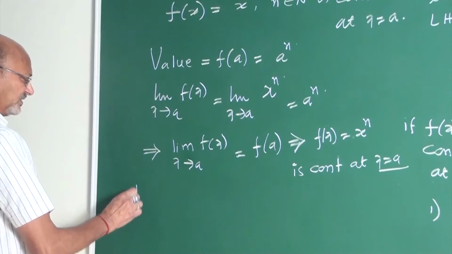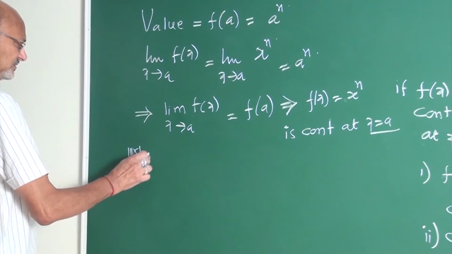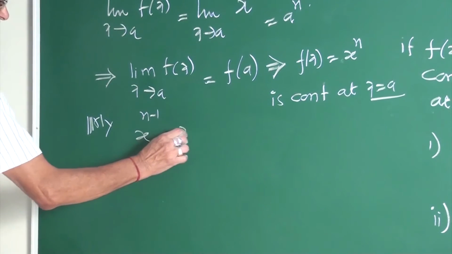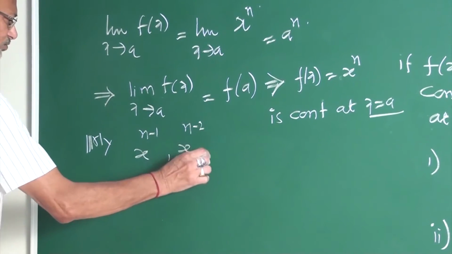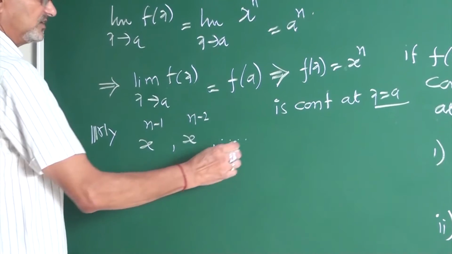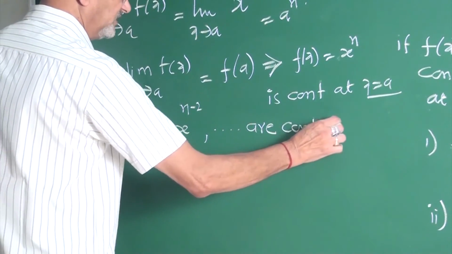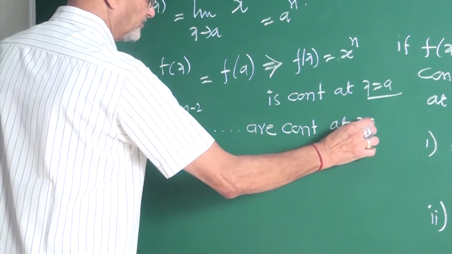Similarly, we can say x to the power n minus 1, x to the power n minus 2, all these are continuous at x equal to a.